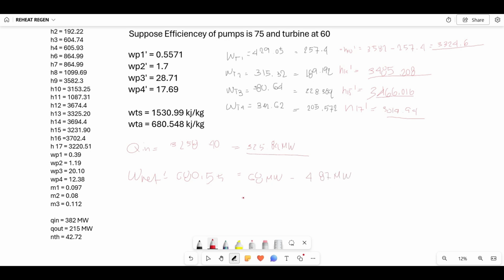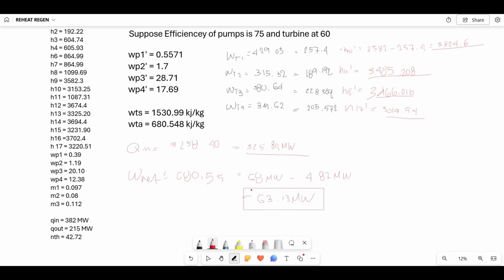So this will be our new work net, which is 68 minus 4.87, yielding 63.13 megawatts. So this is our work net.